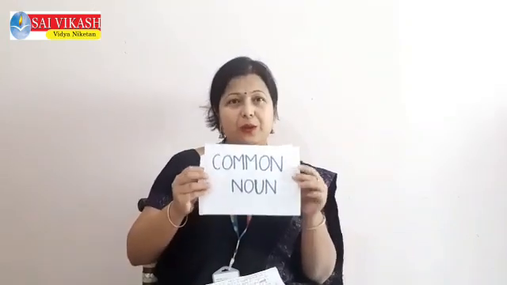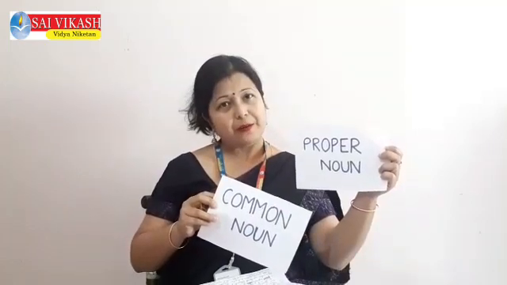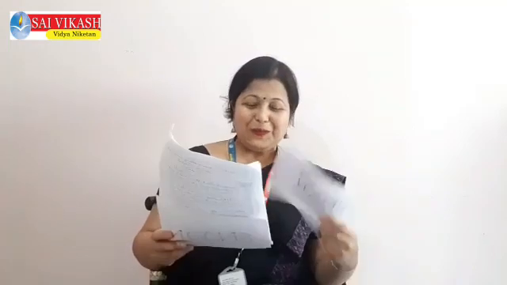So here we go with common noun, and at the same time we'll be learning about proper noun. So what is common noun? It is a general noun, children. So it's a general noun. It can be used for everyone.